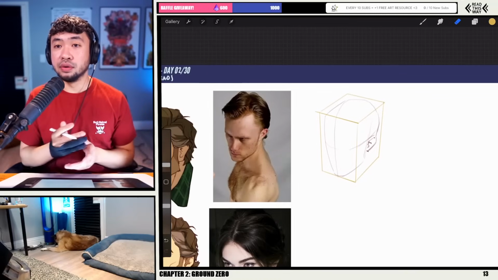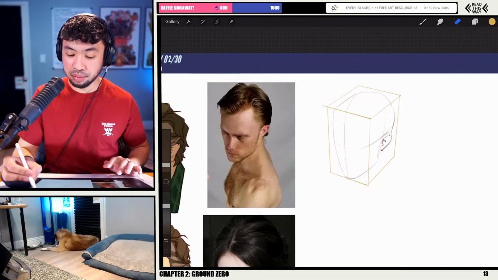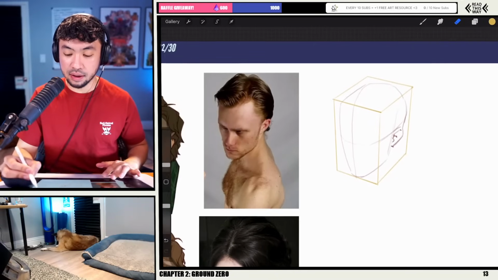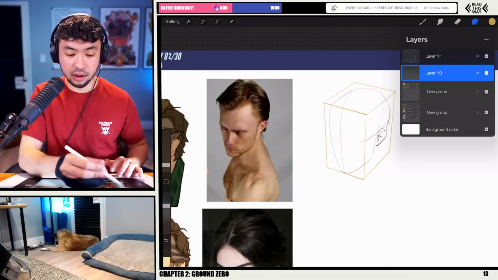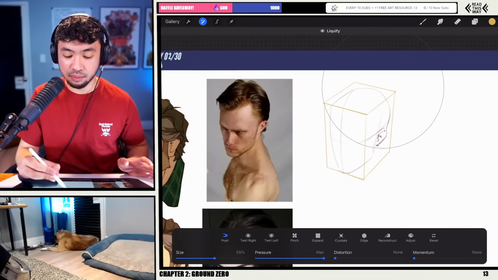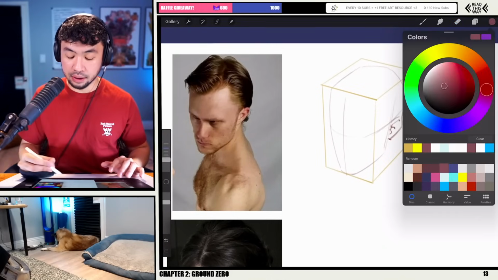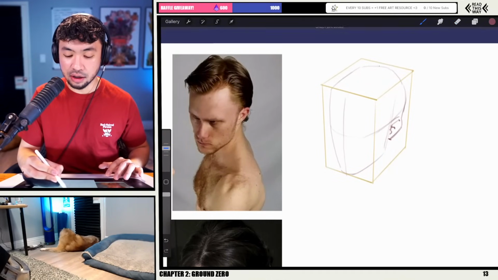But I always try to visualize these planes, because if you can do this, I think it'll really help you start understanding, okay, the head is this way in perspective, and if the head is like this in perspective, that means I can line up the facial features in perspective as well, right?